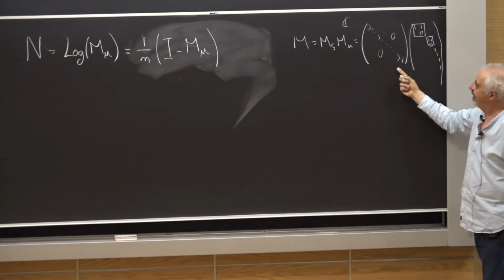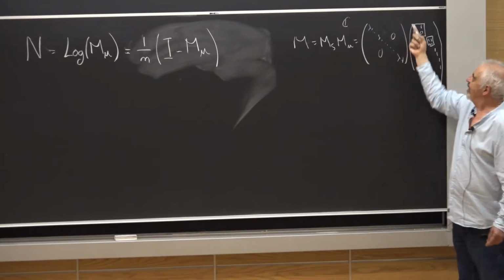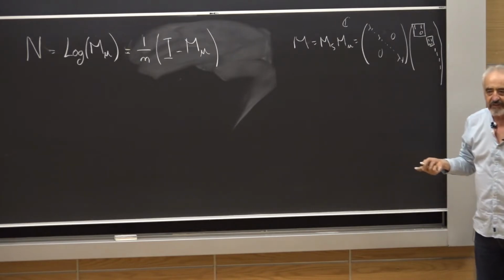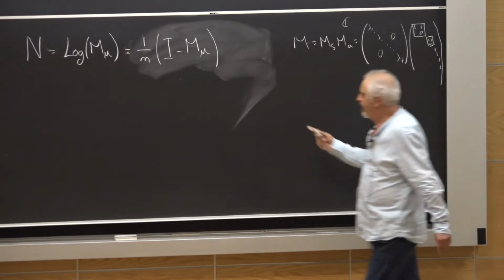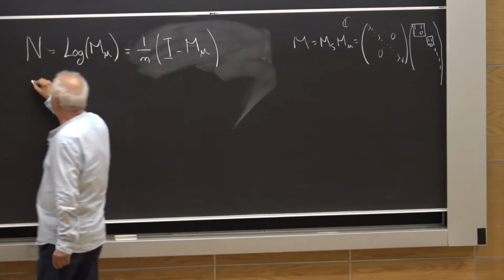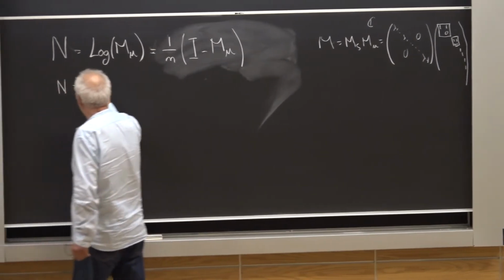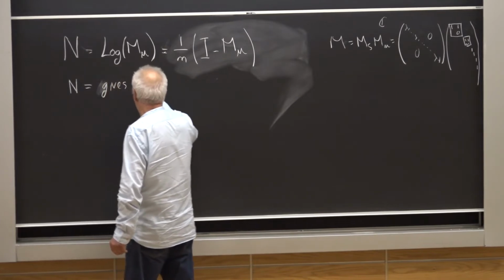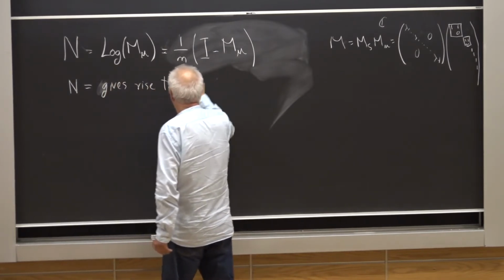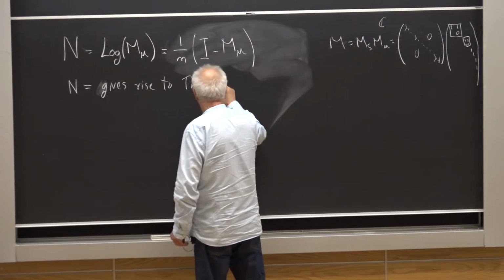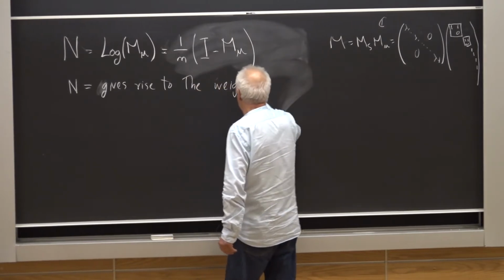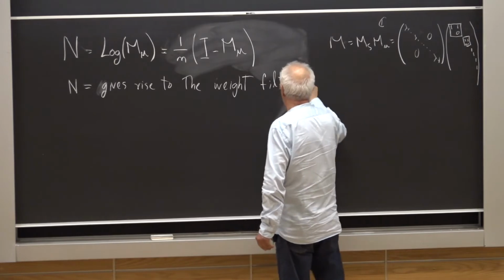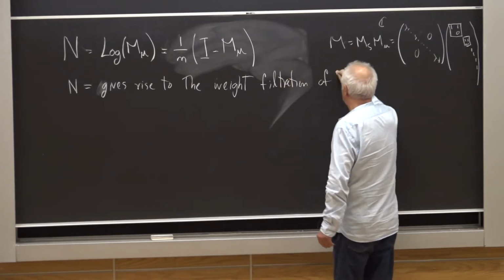So if I take the identity minus the unipotent part, what I get is a nilpotent matrix. So this nilpotent matrix, N, is the one which gives rise to the weight filtration of the mixed Hodge structure.